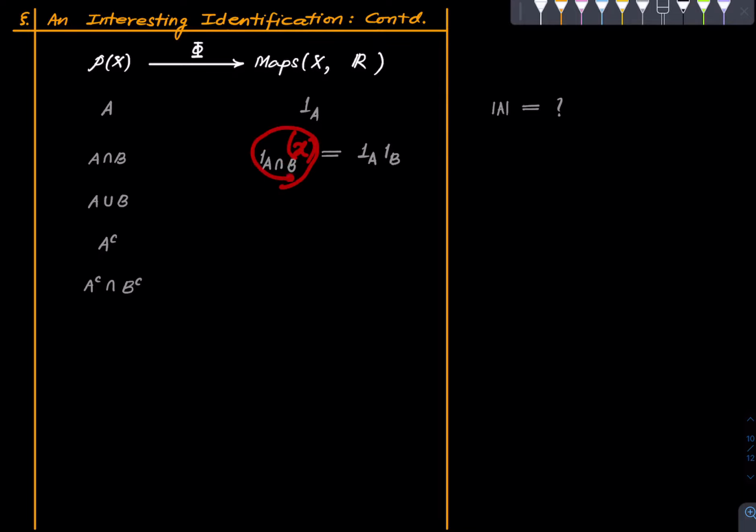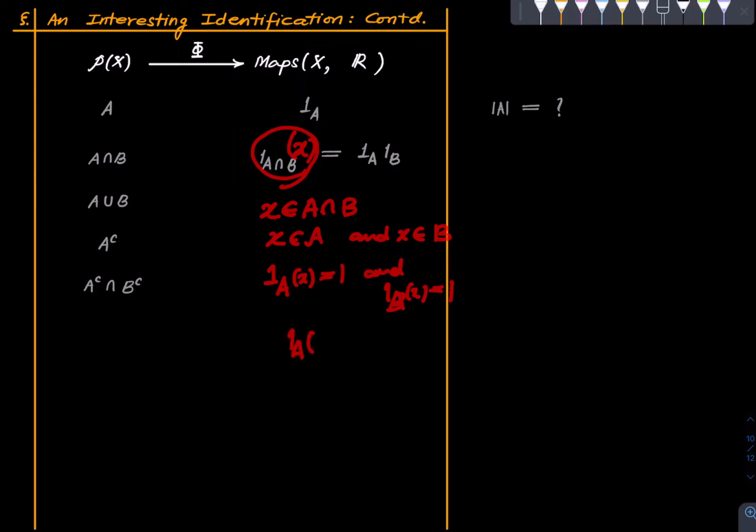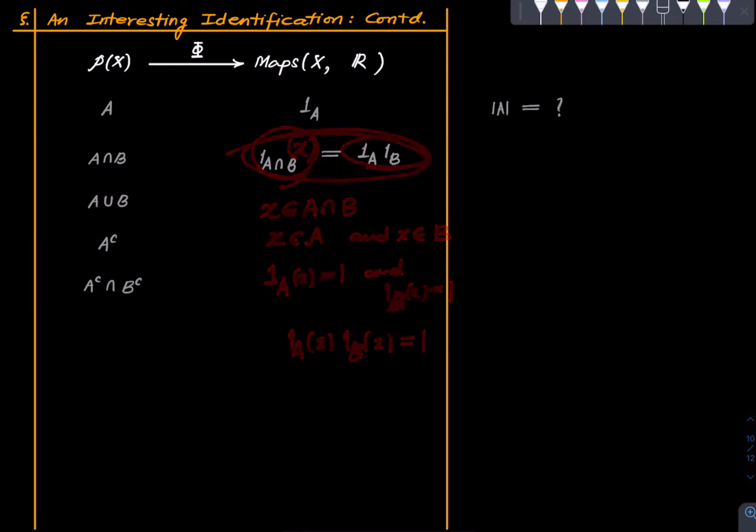So if you feed x to it, you get a 1 if x is in A intersection B, which happens if x is in A and x is in B, which happens if 1_A(x) equals 1 and 1_B(x) equals 1, which happens if and only if 1_A(x) times 1_B(x) is 1, and that's why we have this equality.